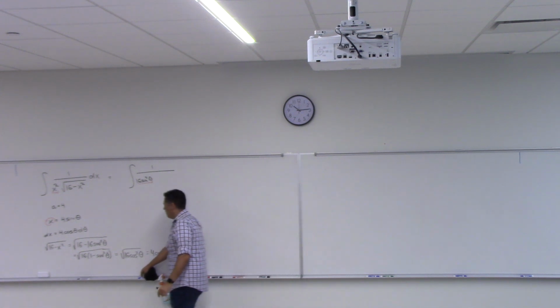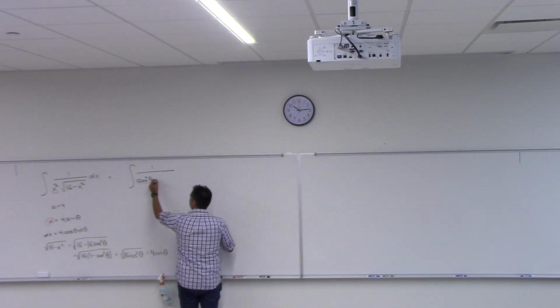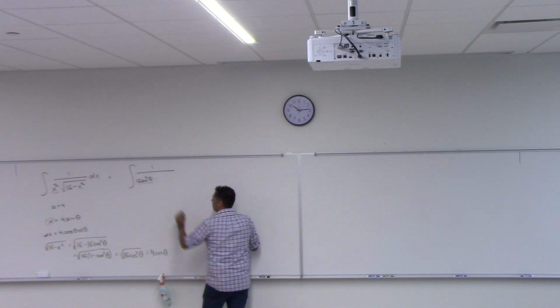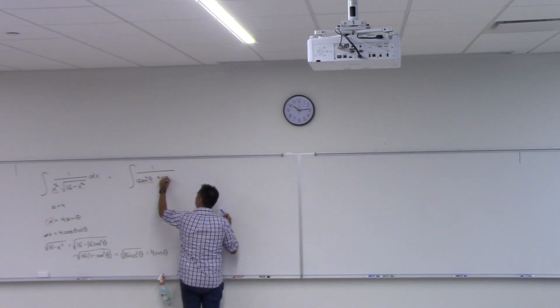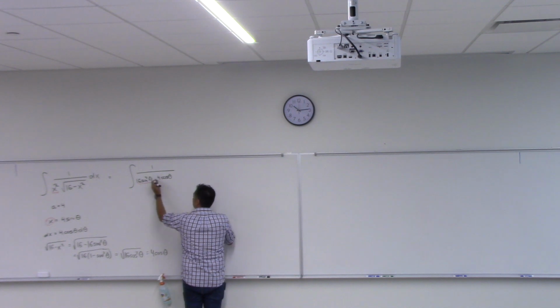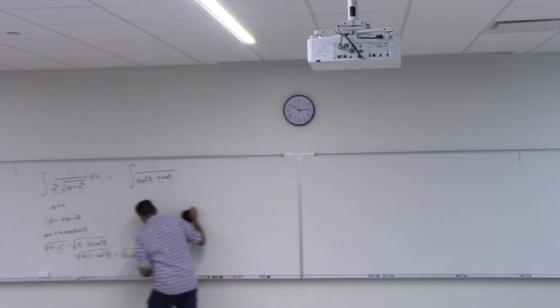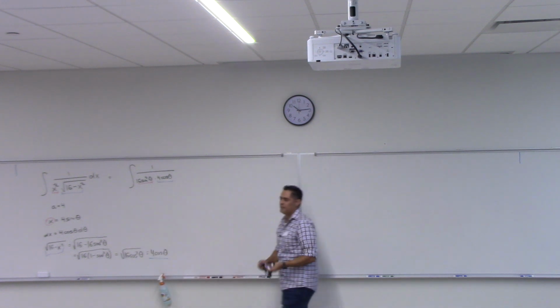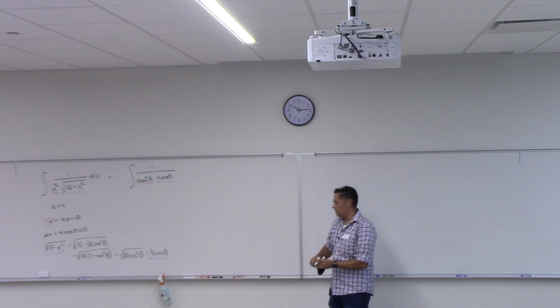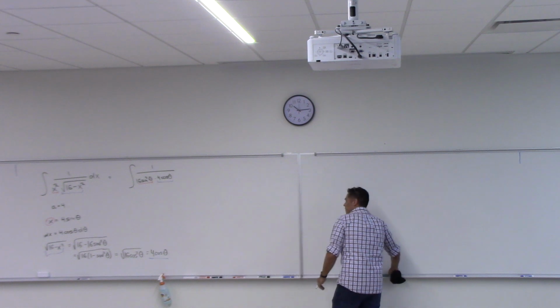Now I have what? What goes next to this being multiplied? 4 cosine theta. Where's that coming from? Well, 4 cosine theta is this root part, and that root part is this part. Am I done? Oh, one more thing, right?